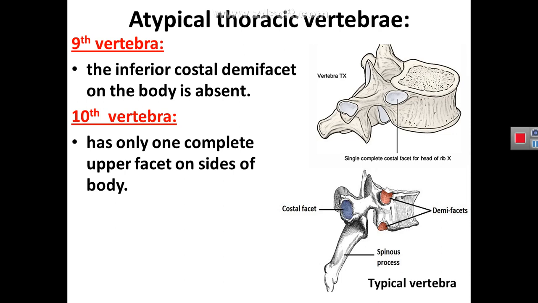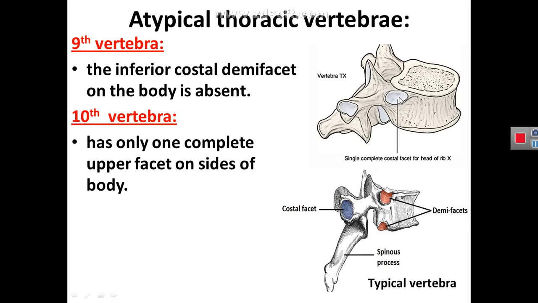The atypical 9 and 10. First, I'll describe the atypical 10, and then I'll tell you about the atypical 9. This is a figure of the atypical 10th vertebra. You can see that it contains a complete upper facet on the body, with no demifacets below. This is because the 10th rib also has one facet on the head.